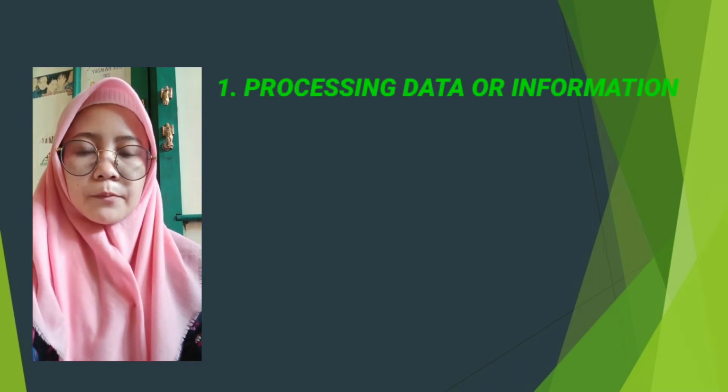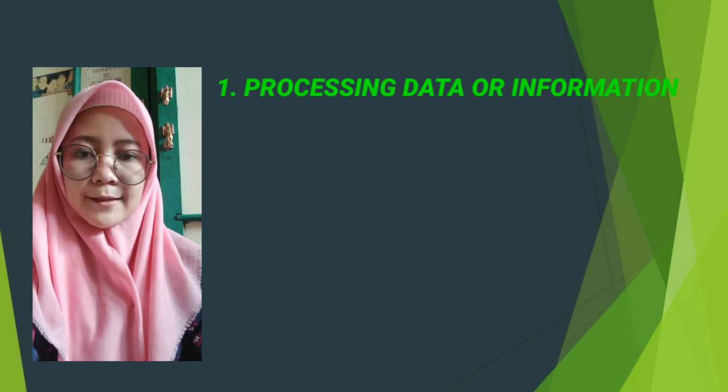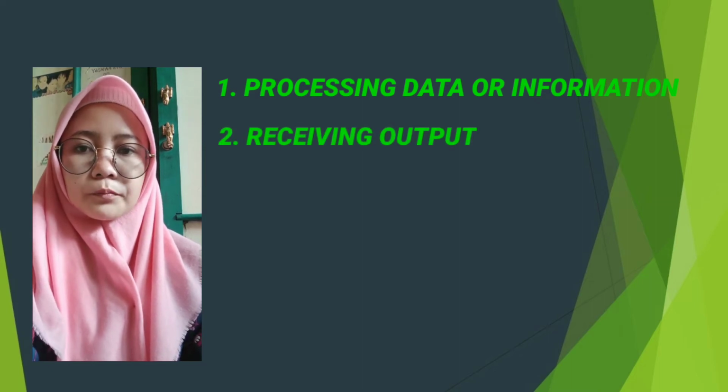Processing data or information. Certain hardware has a function to process data or information by the user, which will later become new information, to process data and run processes on a computer system. Number 2. Receiving input.